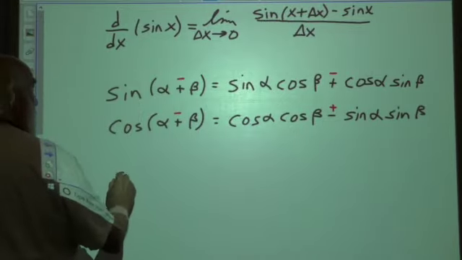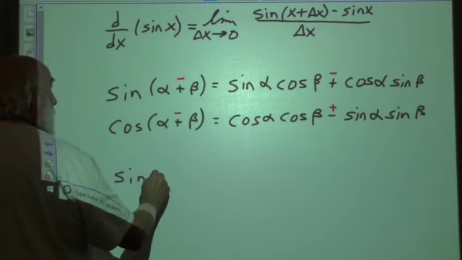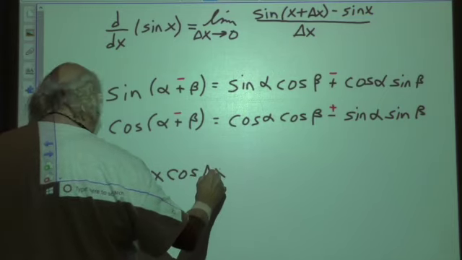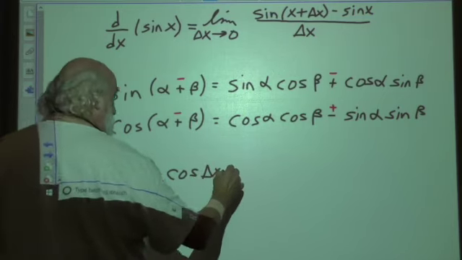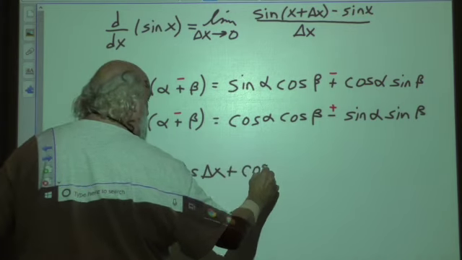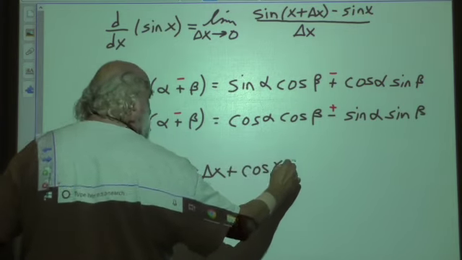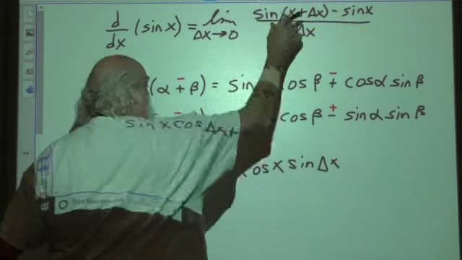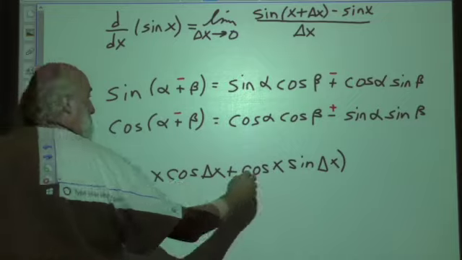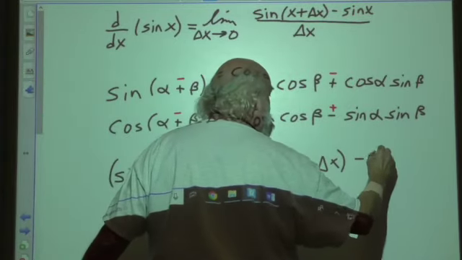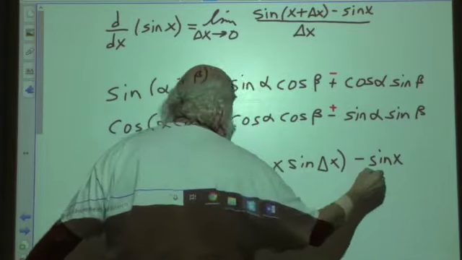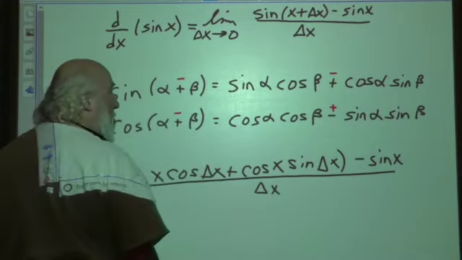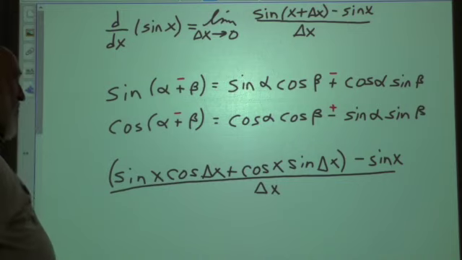So this becomes sine of x cosine delta x plus cosine x sine delta x for this portion right here, minus sine of x, that's that right there, all over x2 minus x1, better known as delta x.